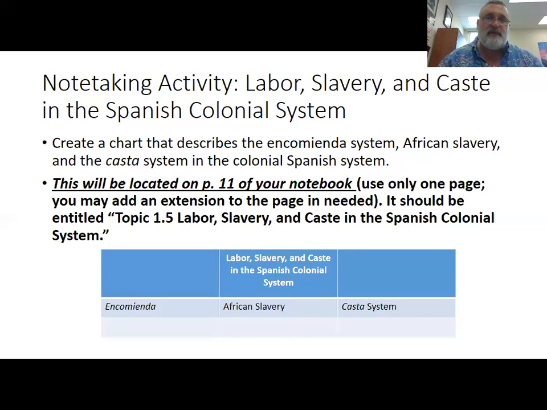If you remember last year, we looked at the casta charts that, like for instance, Native American and European makes mestizo, African and European makes mulatto. So you have this whole range of different groups that their race and their relative amount of European blood indicated their status in society. So that goes on page 11 in your notebook.